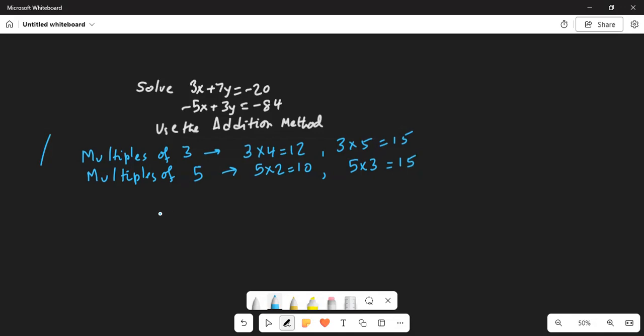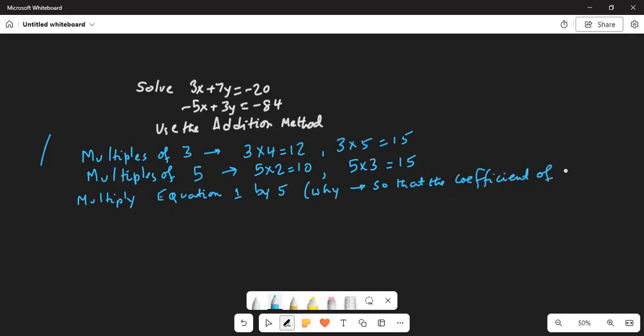So in order to make the coefficient of x in the first equation 15, we have to multiply equation 1 by 5. Why? So that the coefficient of x, the term in front of x, becomes 15.